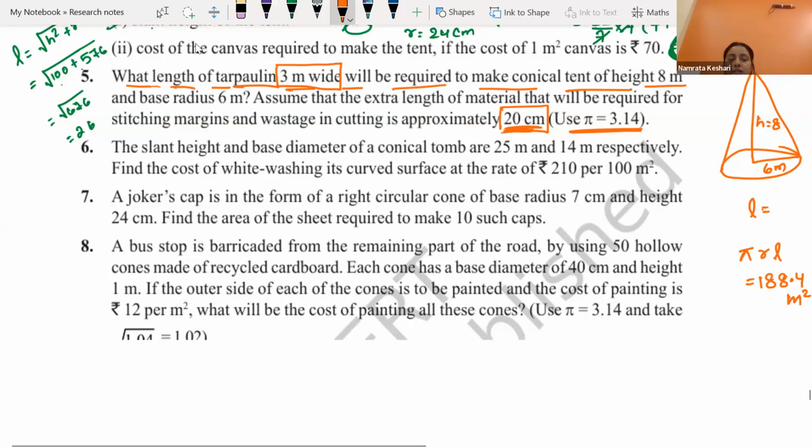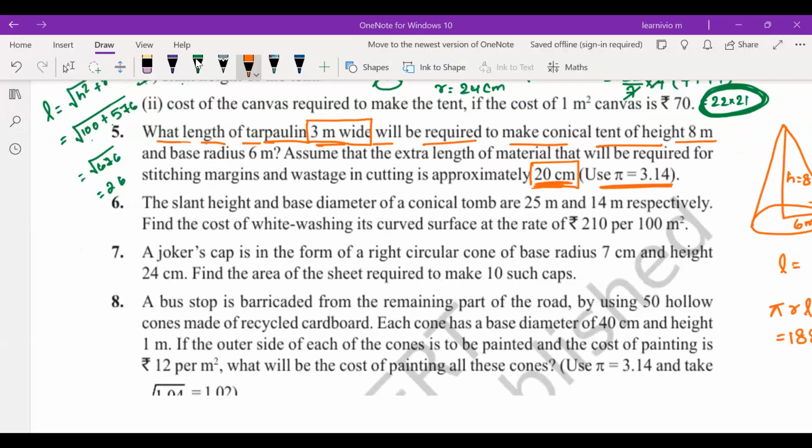Afreen, Hanan, Sara, are you getting the same curved surface area?